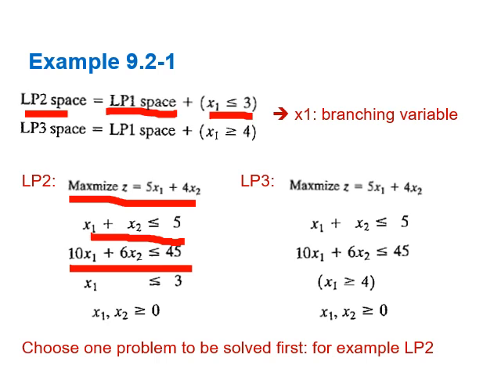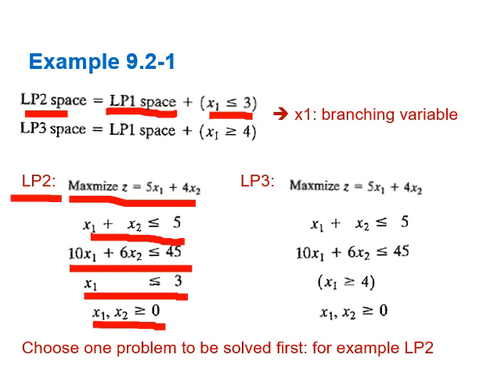Then we include x1 less than or equal to 3 as an additional constraint, and x1 and x2 greater than or equal to 0. You see it's not written integer here because this is still a linear program. We don't have that integer. That's why we call it LP2.